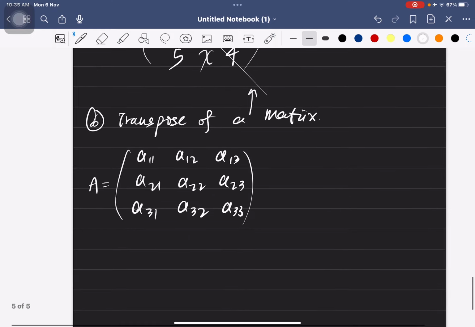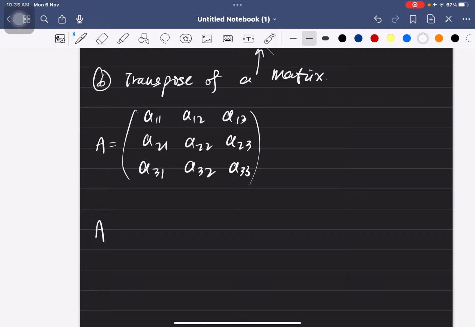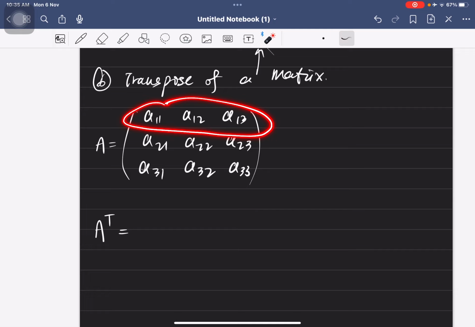If A is like this, then the transpose of A, we write as A T, where the T looks like a superscript, like A to the power of T. So A T refers to the transpose of matrix A. The first row becomes the first column of the transpose: A11, A12, A13.